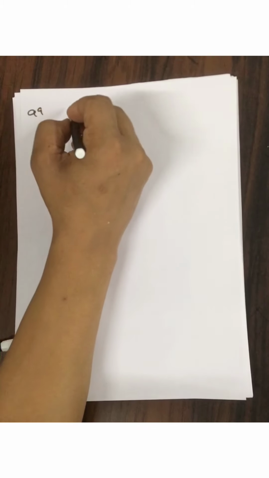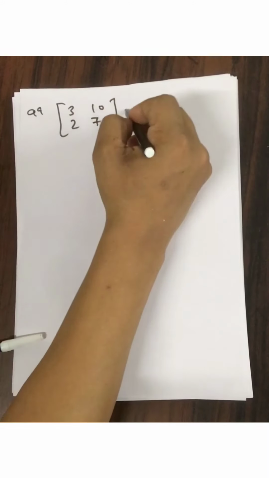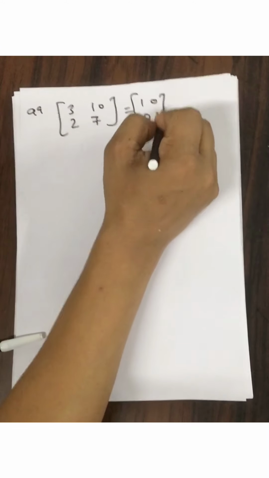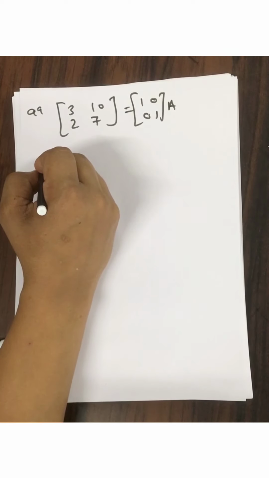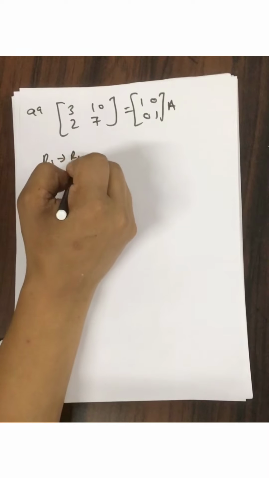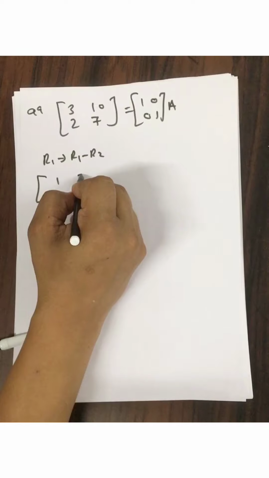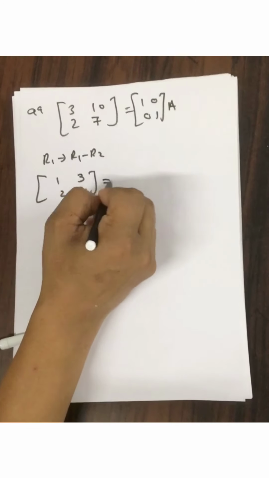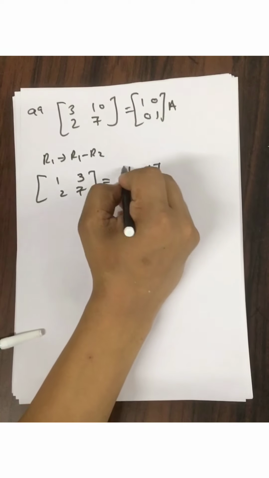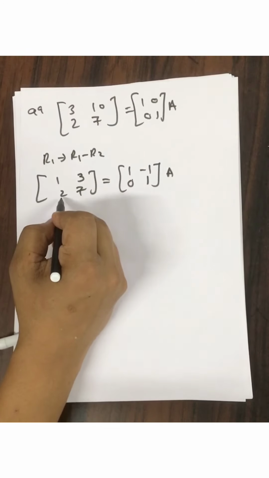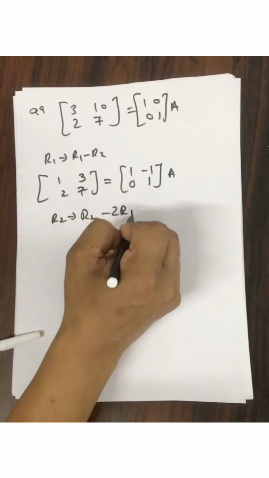Question number 9. 3, 10, 2 and 7. What we do? Equals 1, 0, 0, 1. I am doing it slightly faster because it is the same type of question. What is the point of being slow? In R1 we can do R1 minus R2. What happens? 3 minus 2 is 1. 10 minus 7 is 3. 2, 7 equals 1, 0, minus 1 and 1, and A. Now, how to get rid of 2? In R2 you can do R2 minus 2 R1.